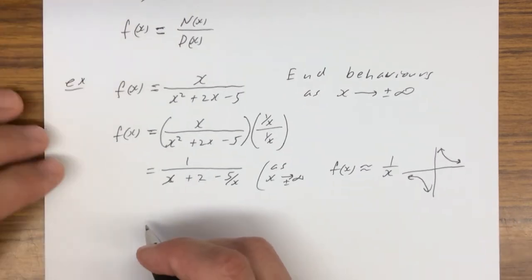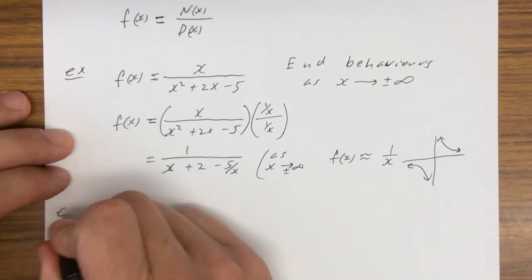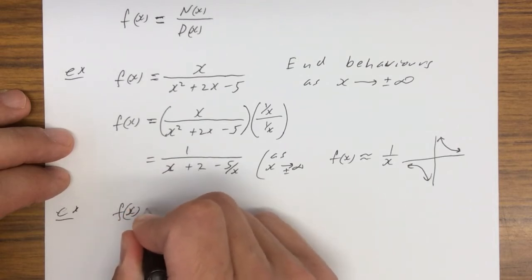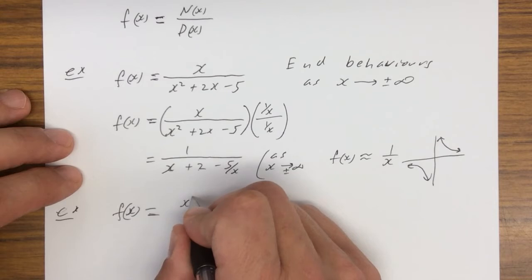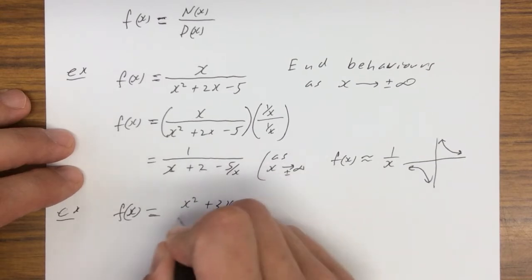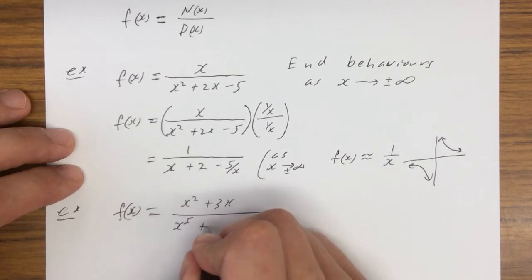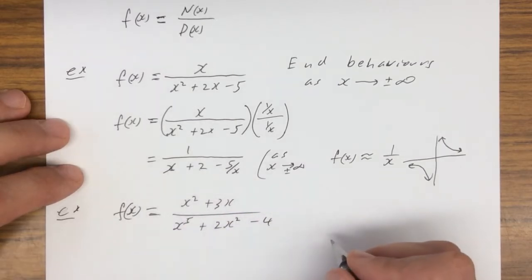Okay, so we could try another one here. Let's say f of x equals x squared plus 3x all over x to the 5th plus 2x squared minus 4.